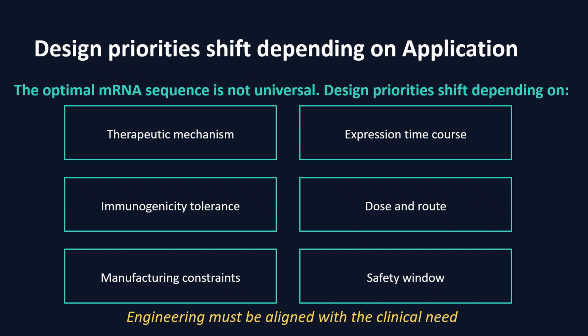And practically speaking, dose and route of injection also change everything. Manufacturing limits what you can actually make at scale. And every therapy has a safety window before toxicity shows up. So, based on all these things, what you need to understand is that you are doing a constrained optimization under clinical requirements.